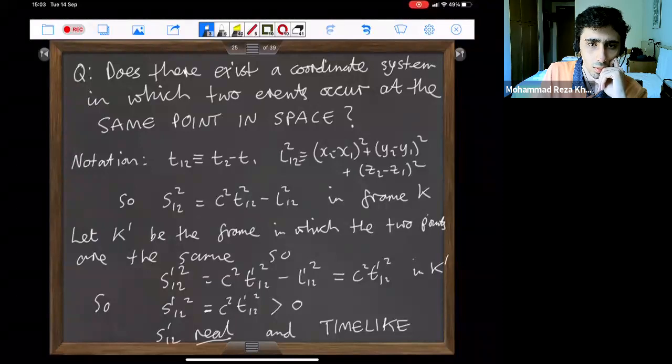So in one frame K, for example, we can write S12 squared is C squared T12 squared minus L12 squared. And then let K prime be the frame in which the coordinates are labeled by primes, and let that be the frame in which the two events occur at the same point in space. So the relativity principle tells us that these intervals are the same.